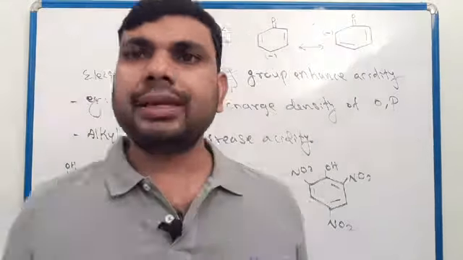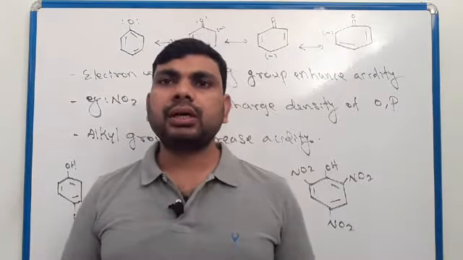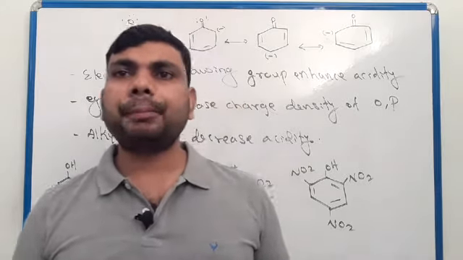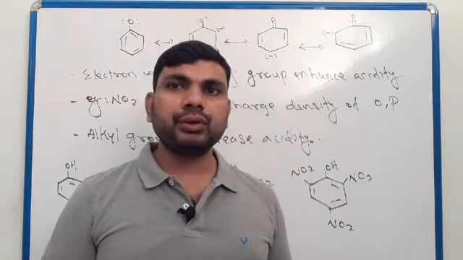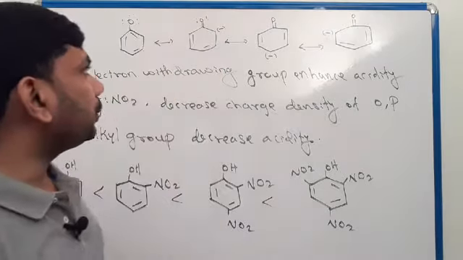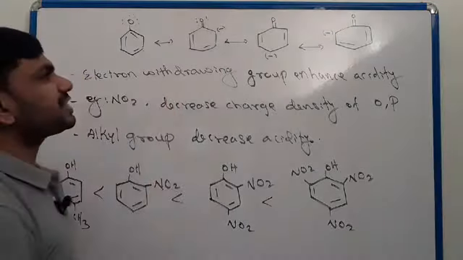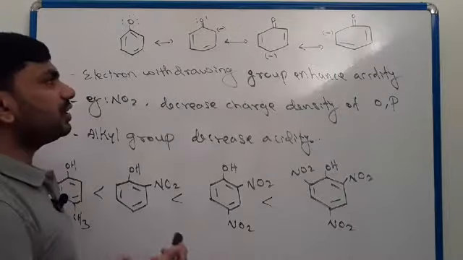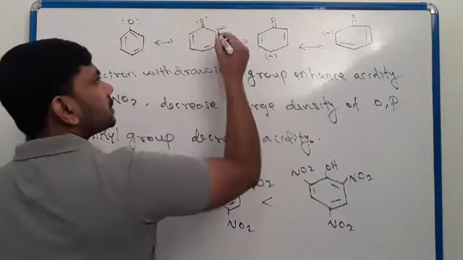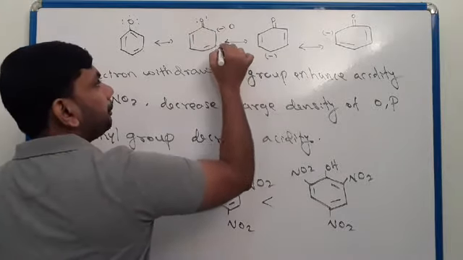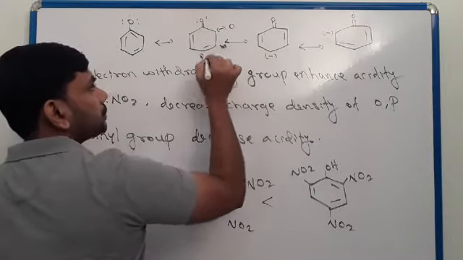Clear? Next, we have to discuss the electron withdrawing group and acidity of phenol. Look here, we know phenol or phenoxide forms this type of resonance structure, and we know this is the ortho position, meta position, para position.